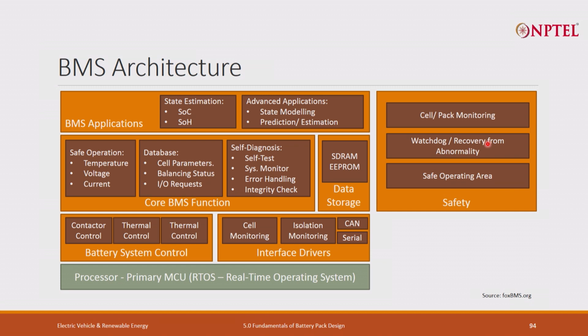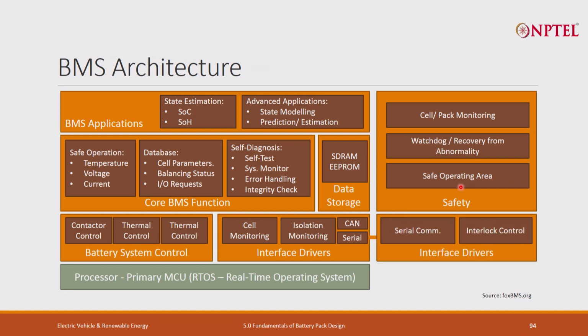It will record to maintain safety, whether the system is in the safe operating zone or not. And then there are the interface drivers, serial communication, and interlock control. If everything is working, then only it will allow the energy to pass on, otherwise it won't. Like my contactor will be on only when the IMD says I'm okay, otherwise it won't be on. That is known as interlock control.